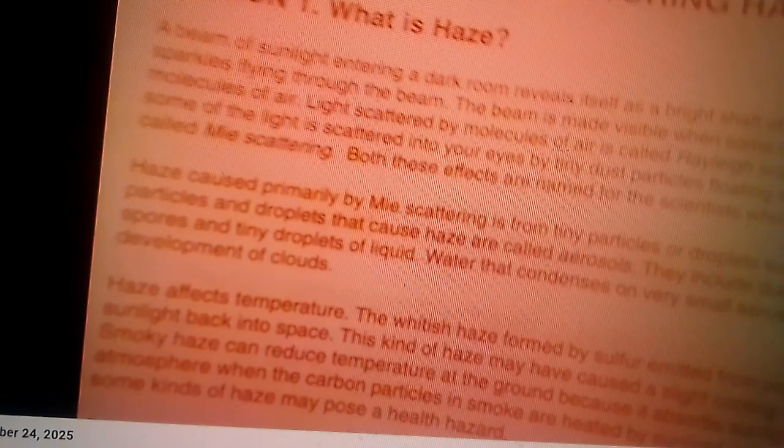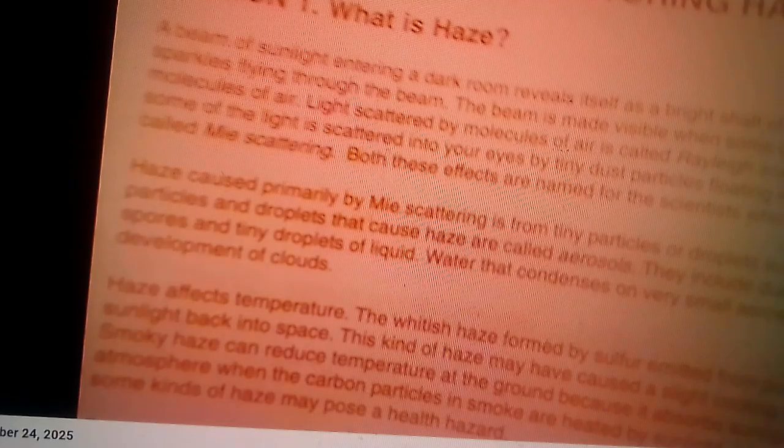A beam of sunlight entering a dark room reveals itself as a bright shaft of white. Close examination reveals sparkles flying through the beam. The beam is made visible when some of its light is scattered into your eyes by molecules of air.